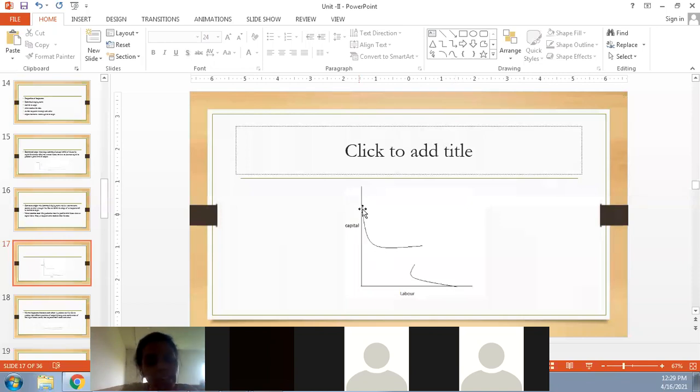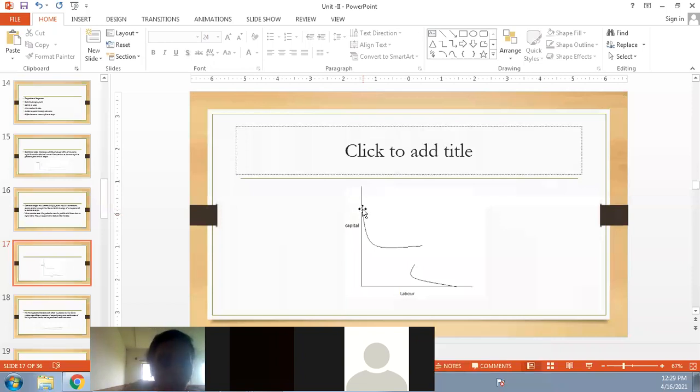If an isoquant touches the capital axis, that is the y-axis, then what does it mean? It means zero labor. The isoquant line touching the capital line means labor is zero, but still capital is very high.